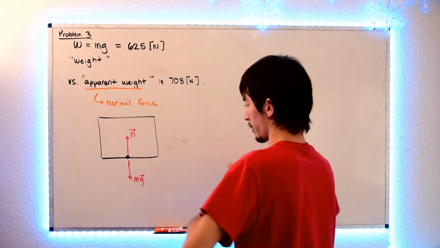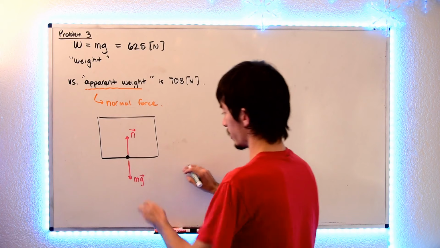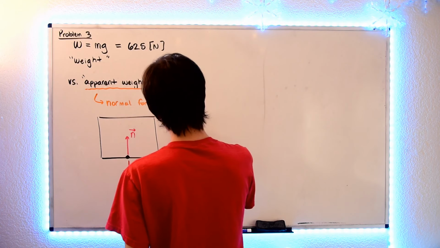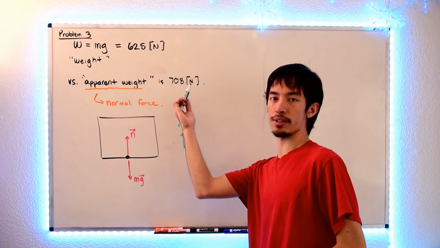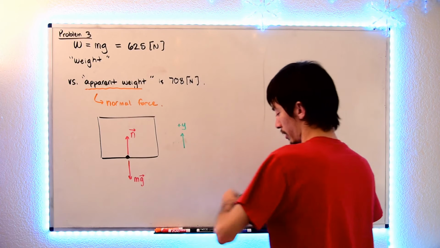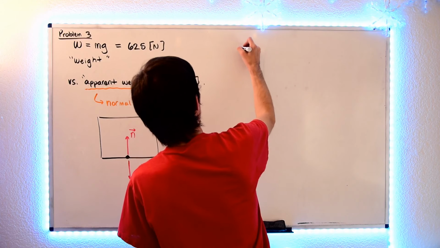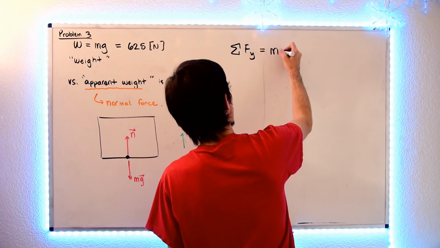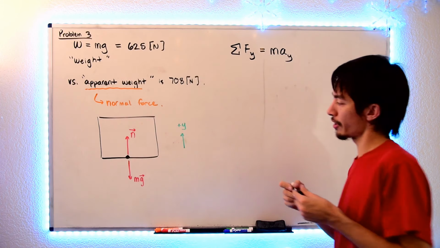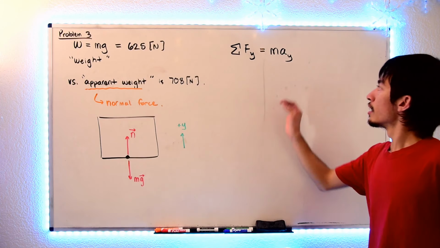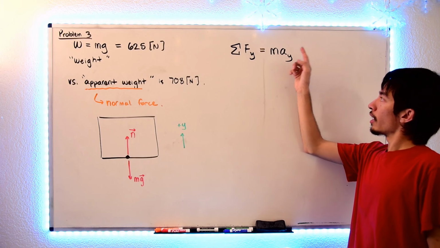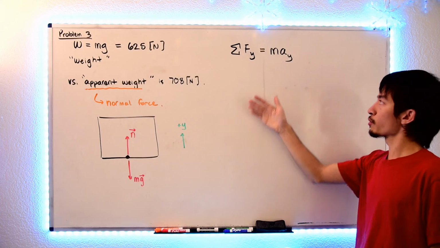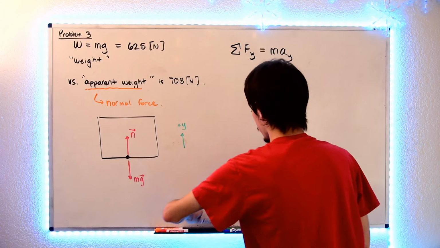So what we're going to do is define a direction to work with. These are vertical, so I'm just going to say that the positive y direction in this picture is upwards. Newton's law in the y direction says the sum of forces in the y equals mass times acceleration in the y. Starting with the right side, do we have acceleration? Well, in this problem we're trying to find it, so we're going to leave the right side alone the way it is.